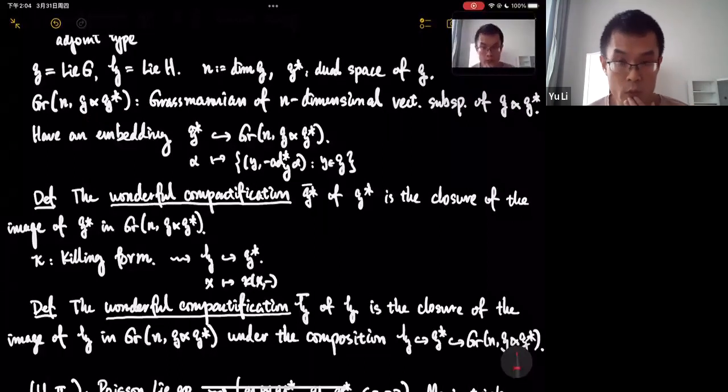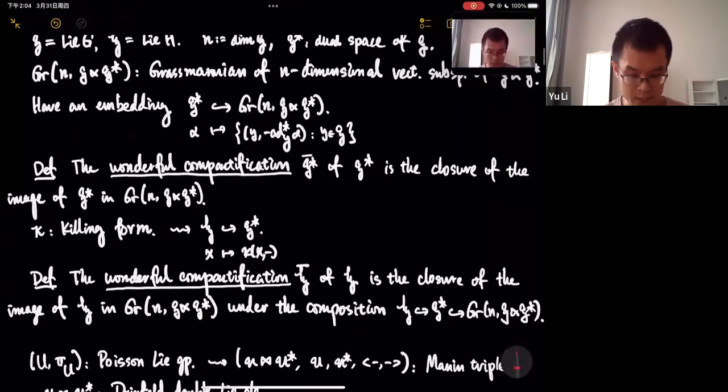In other words, if you wish, this is the graph of the coadjoint action of alpha on g. Now what I can do is take the closure of the image of G star inside the Grassmannian. This closure is called the wonderful compactification of G star, and it's denoted by G star bar.